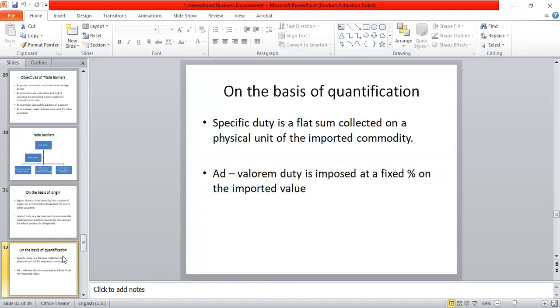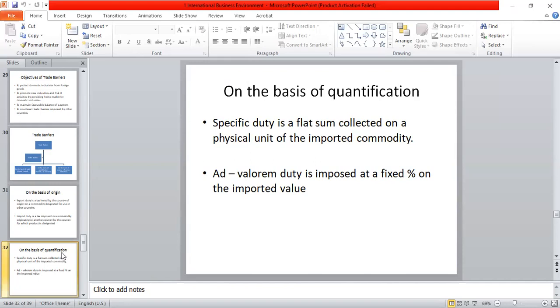The other tool is ad valorem. Ad valorem is a duty imposed at a fixed percentage on the imported value. In specific duty, there is a particular amount, but in the second, there is a percentage, say 2% or 3% on the value. Suppose you are importing 3 crore of material, and on that 3 crore there is, say, 2.5%.